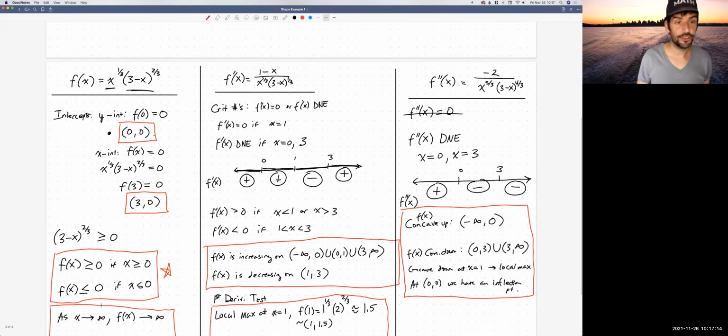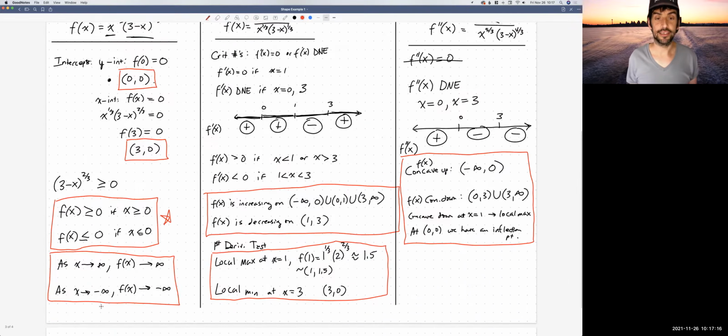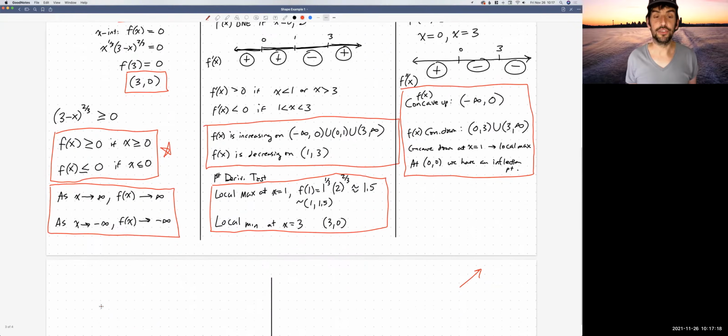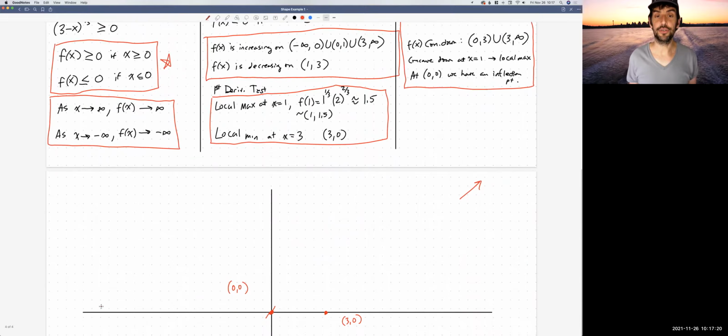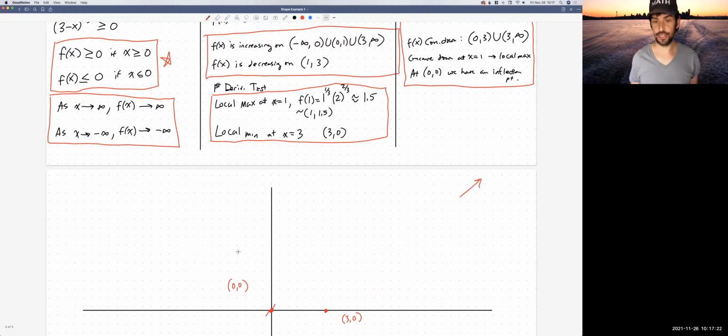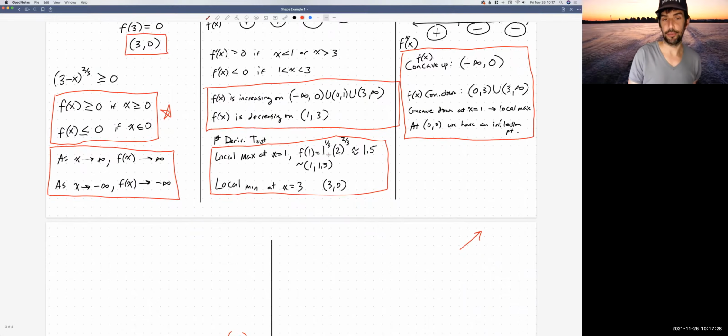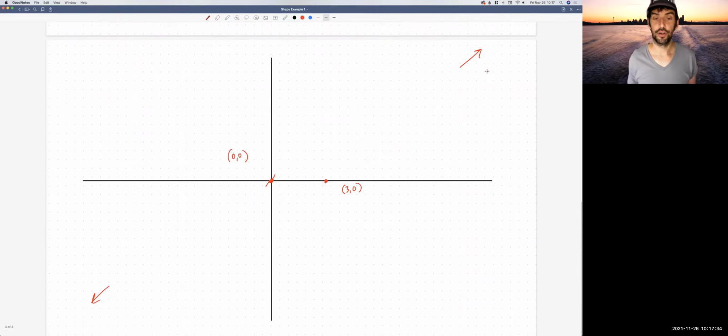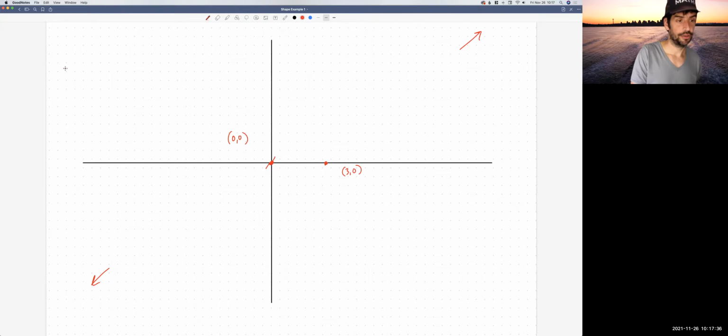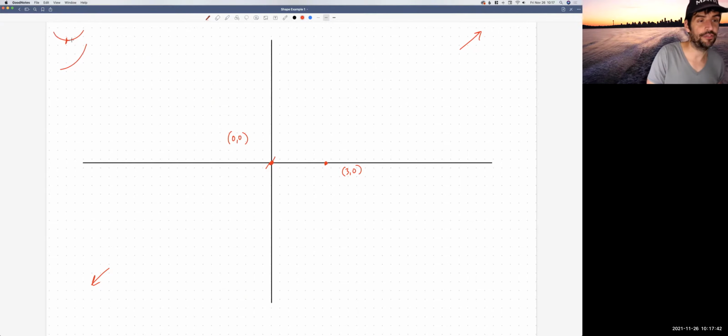Okay, so what next? Let's look at our increasing. So f of x is increasing from negative infinity to 0, and it is concave up. So I'm looking right here, I've got increasing from negative infinity to 0 and concave up, right? So concave up, remember, is something like this, or at least it's a piece of something like this. Only this half of it is increasing.